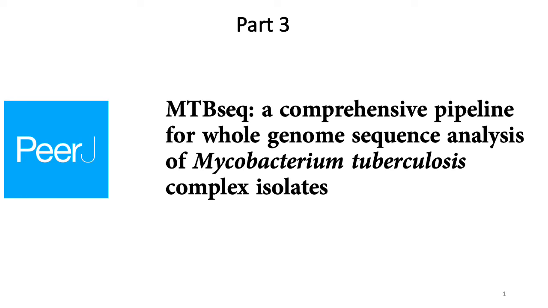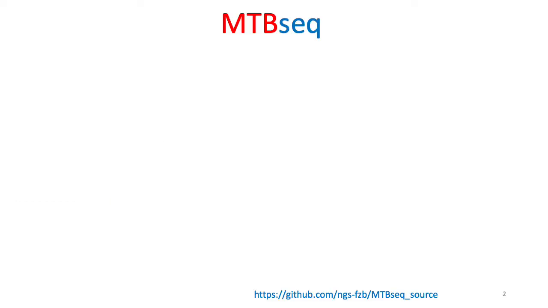In this webinar, I will briefly introduce to you the MTBseq pipeline, an automated pipeline for mapping, variant calling, and detection of resistance-mediating and phylogenetic variants in Mycobacterium tuberculosis complex.